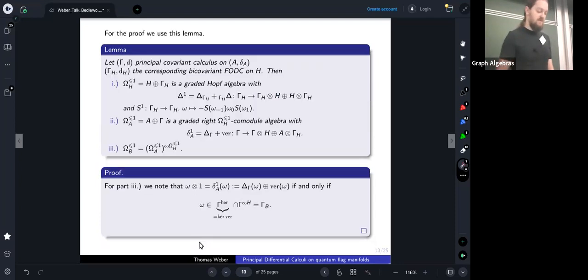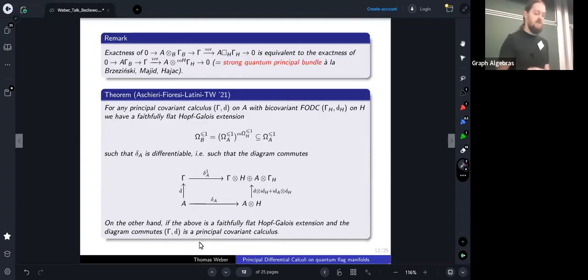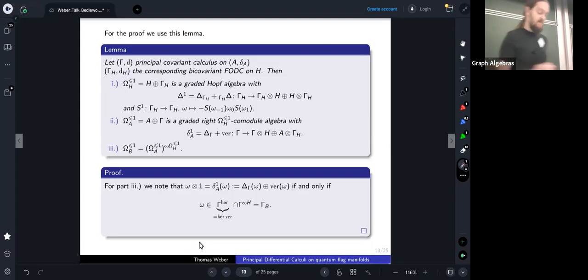Good. So for the proof, I just hint here a little bit at how this is done, maybe also clarifying how you get these graded actions, these graded coactions. So for this to be graded Hopf-Galois, what we need is, let's say first, that this here is a Hopf algebra. How do we see H plus gamma H as a Hopf algebra?